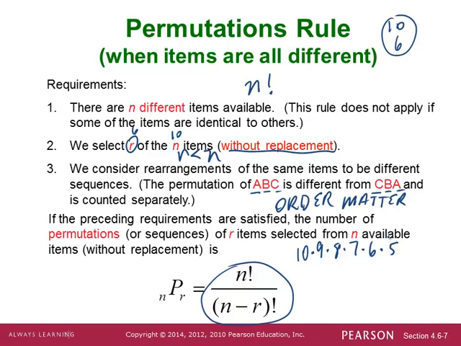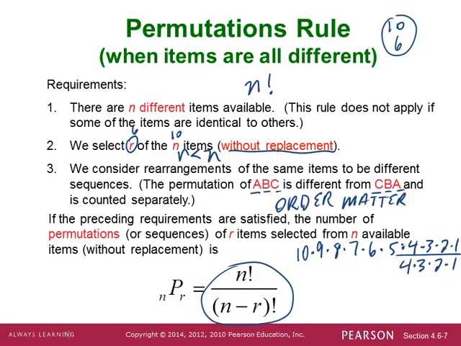Now, we could go in our calculator, input 10 times 9 times 8 times 7 times 6 times 5. Or we could do this little trick here. We could multiply by 4 times 3 times 2 times 1, and also divide by 4 times 3 times 2 times 1.